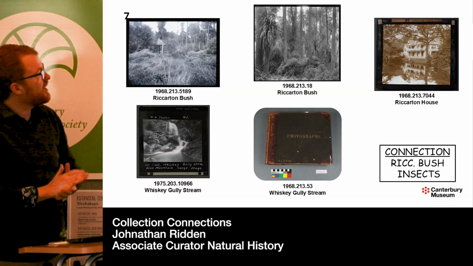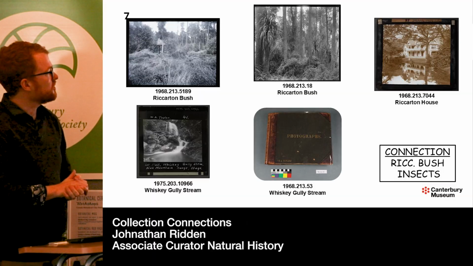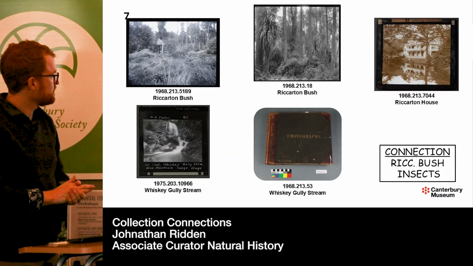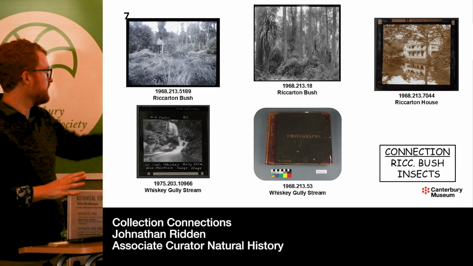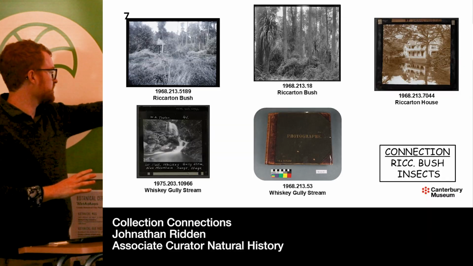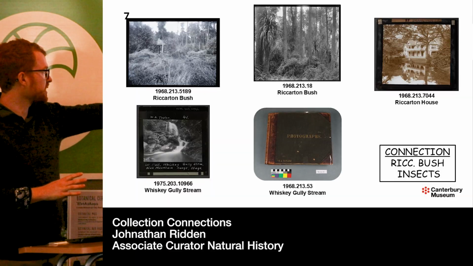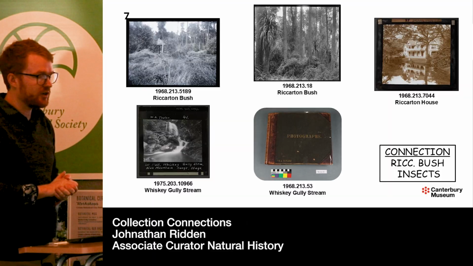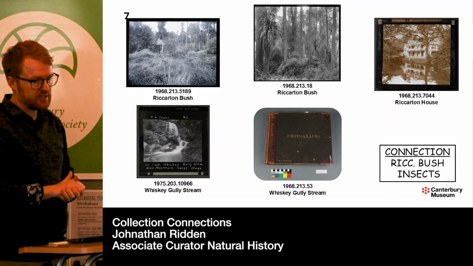And then you can see the house in all its glory just from across the Avon River in the early days. As part of his travels, we can see that he did get around, because this is a photograph from Otago, and this was all in the late 1800s, early 1900s, so it was a much harder time to get around.